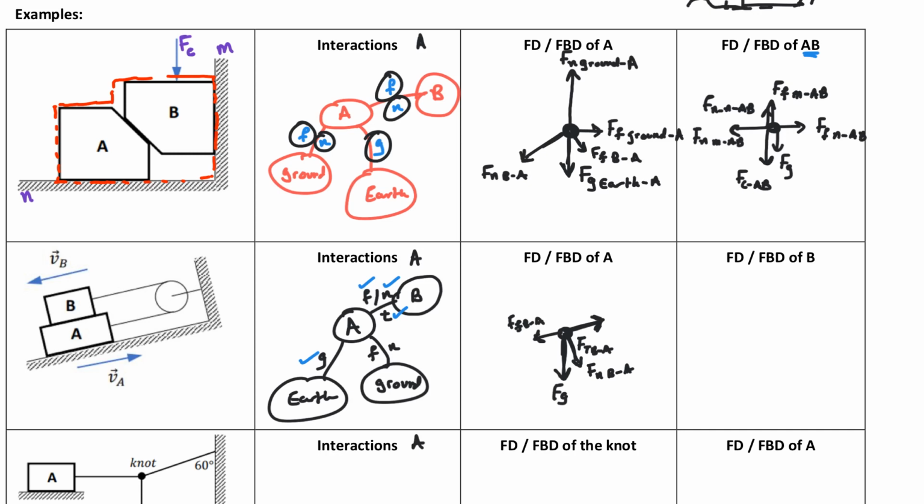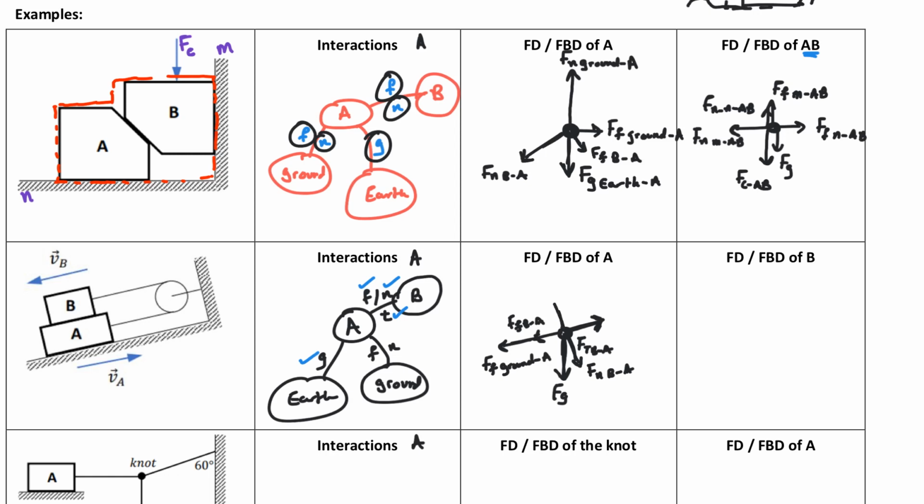Okay, now we have to take care of the forces by the ground. So the object is moving in this direction, so the ground is going to pull it in that direction. So there's going to be force of friction from ground to A. And there's going to be a normal force from the ground pushing A in that direction.